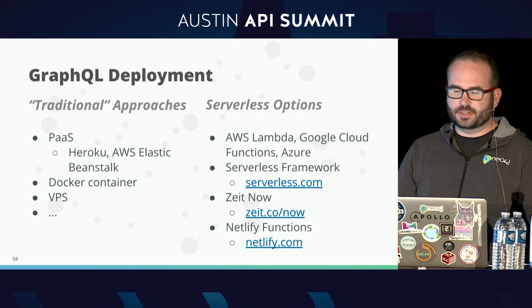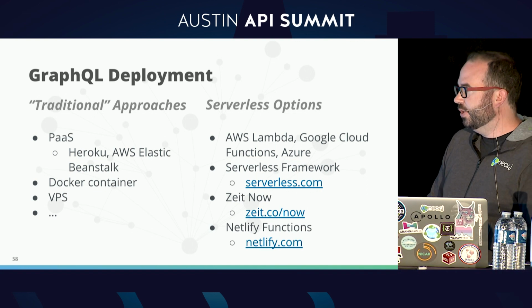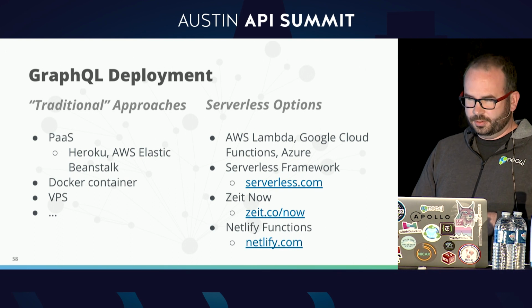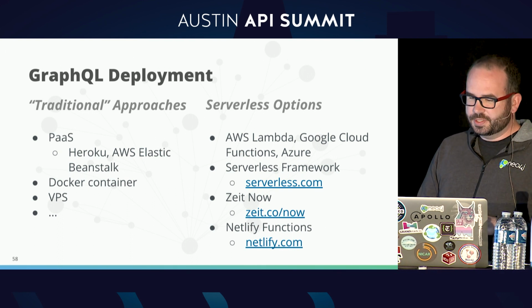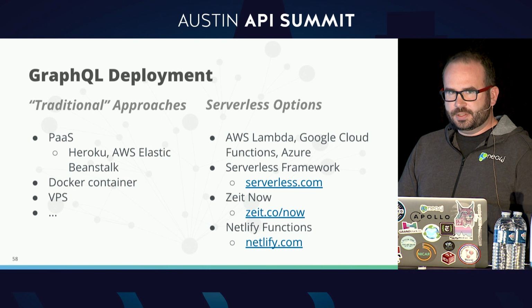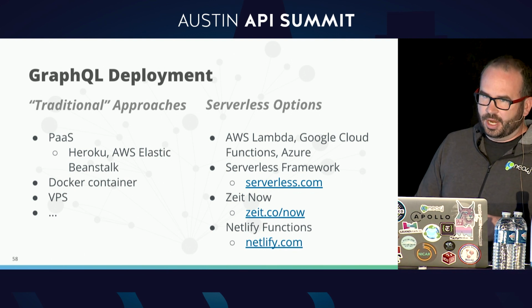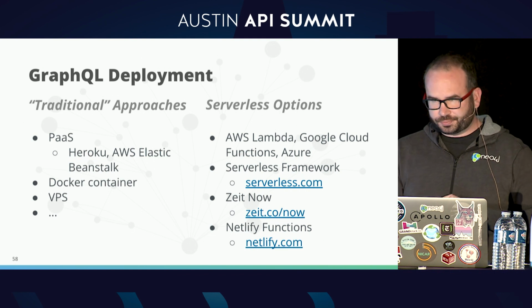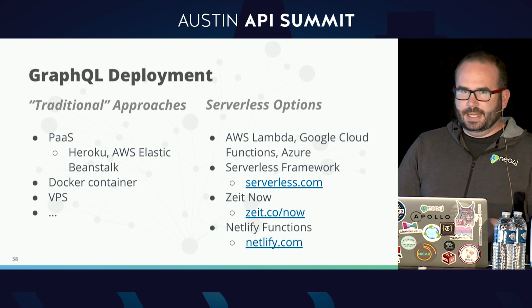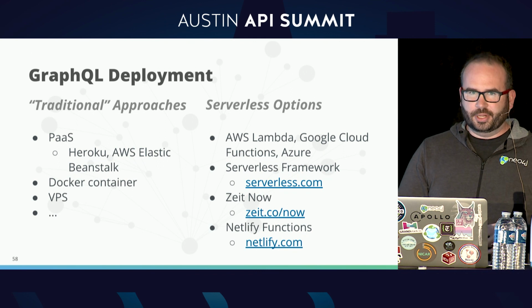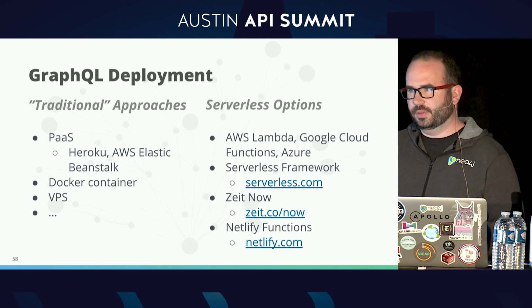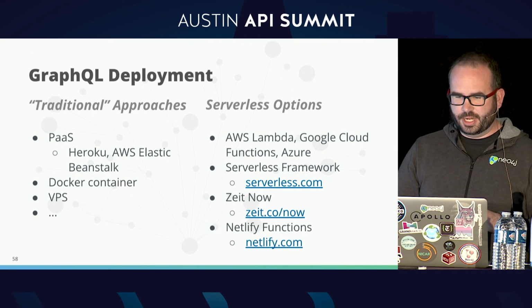We can spin up a VPS, right? So those are things that are traditional, we'll say. But we can also use serverless options for deploying our GraphQL API. So these are things like AWS Lambda, Google Cloud Functions, Azure has similar functionality.